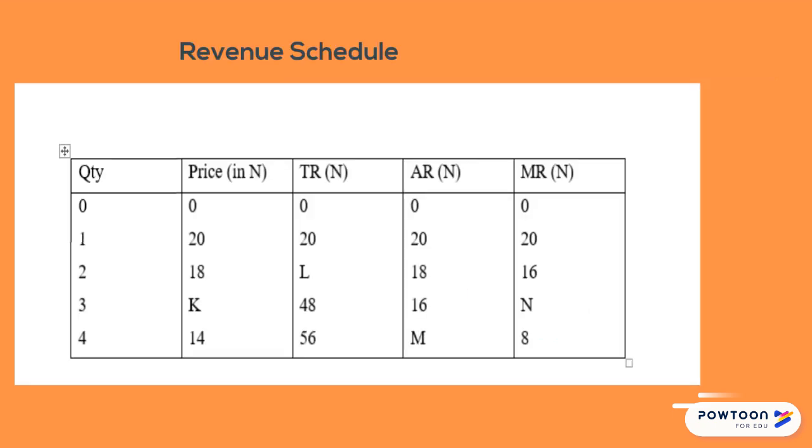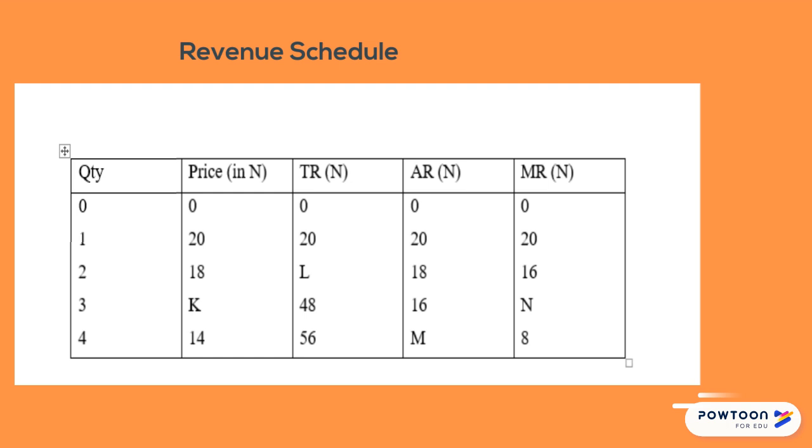The table here shows sales made by a firm. The missing figures K, L, M, and N are obtained as follows. At any given time, price is equal to average revenue in any market.